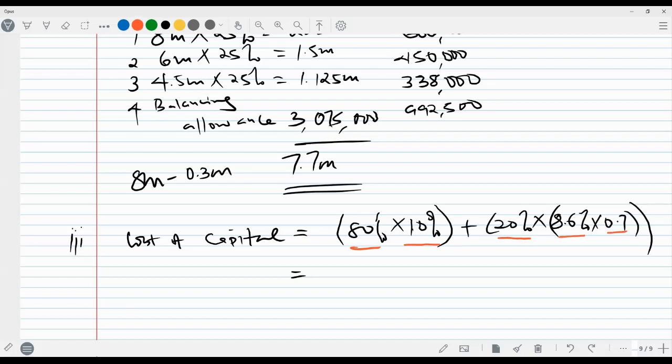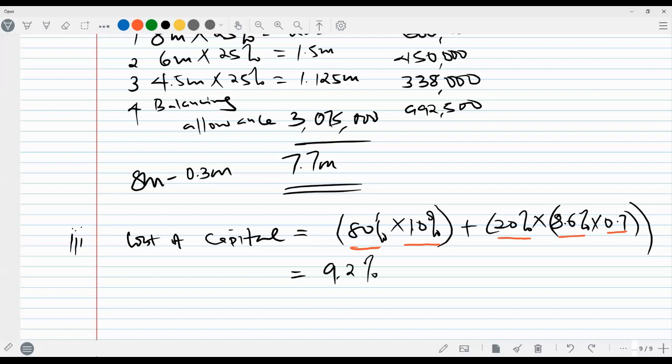So to get the cost of capital, we get 9.2%.